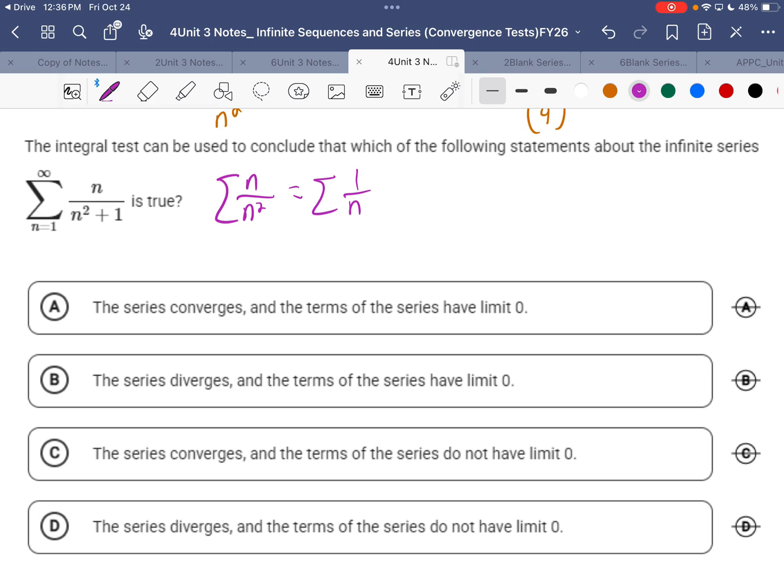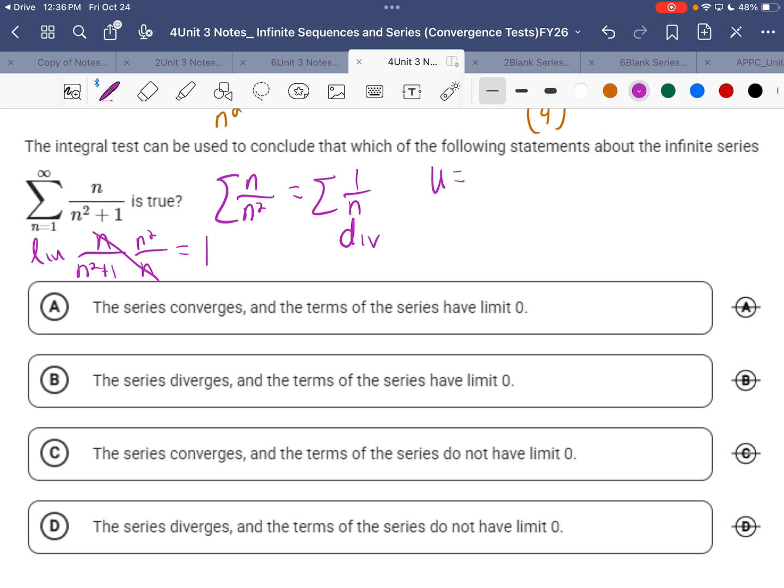Is our comparison diverging? Yes, this is diverging. And then if you did the limit comparison, you'd have n squared over n, and then a limit, and it equals 1. And you're like, yay, that's positive and finite. So therefore, the actual series also diverges.